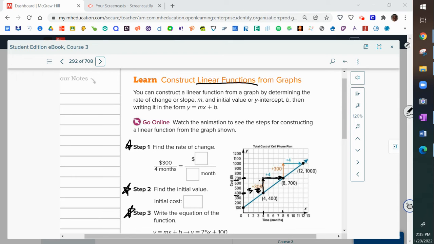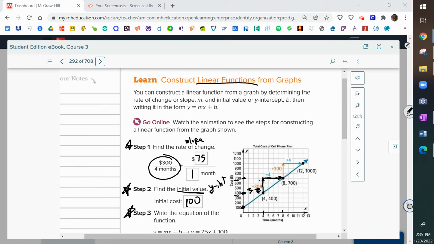So our rate of change is 300 over 4, which we can see right here. So that would be how much per month? $75 in 1 month. So that is our rate of change, also known as our slope. Then we have find the initial value. What do they mean by initial value? That's our y-intercept. So that's right here. So that's going to be 100.